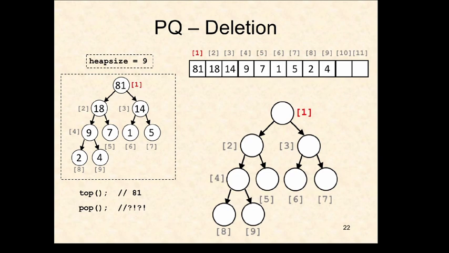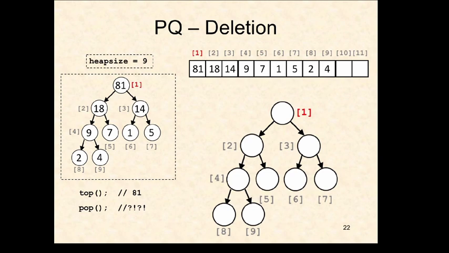They have a way to erase a particular iterator, but it's inefficient because everybody would have to move over if we got rid of 81. And it might not be a heap anymore. If I swap the 18 and 14, it's still a heap before 81 is deleted, but if I delete 81, then 14 would become the root, and it's not the root. So we can't do that. We can't just get rid of 81.